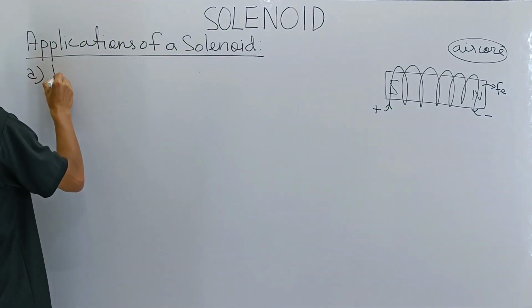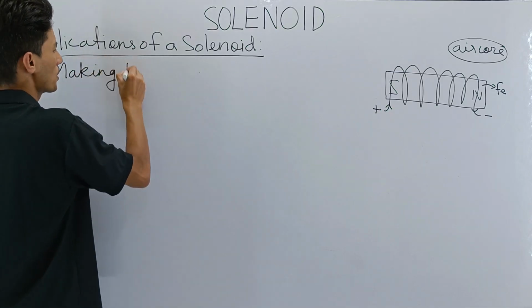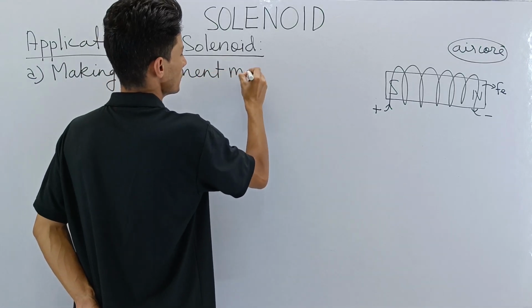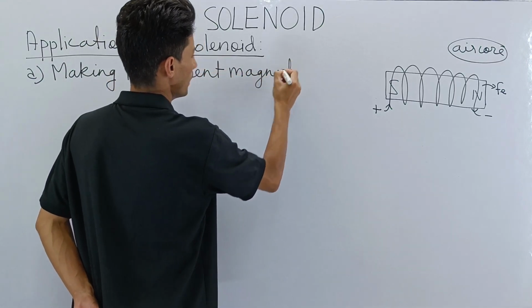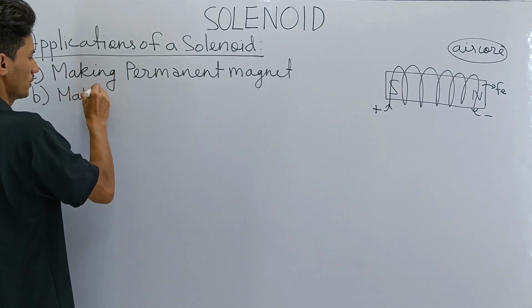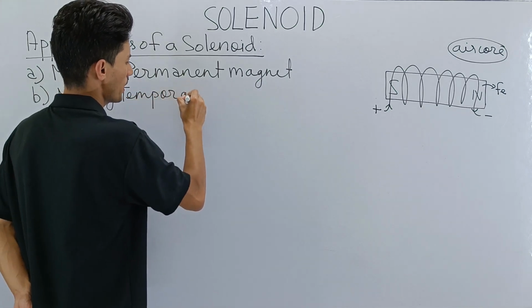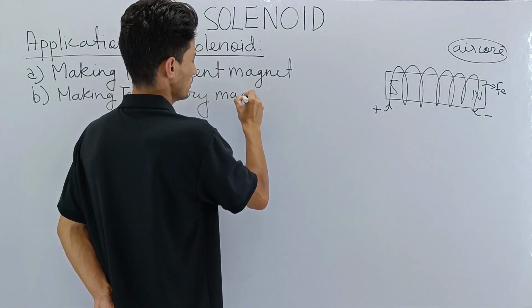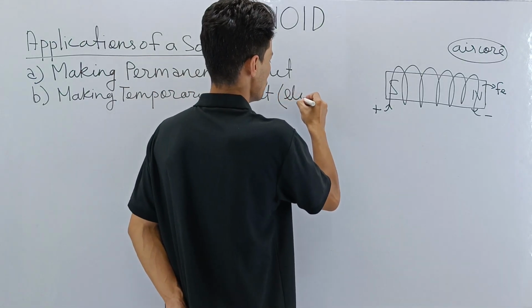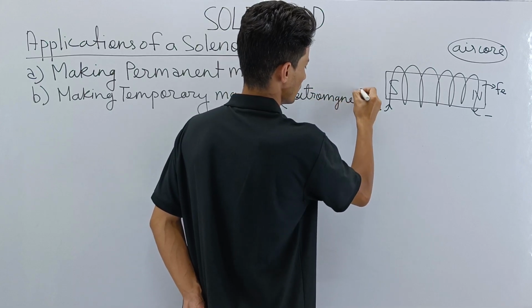So number A, making permanent magnet, and number B, making temporary magnet, which is also known as an electromagnet.